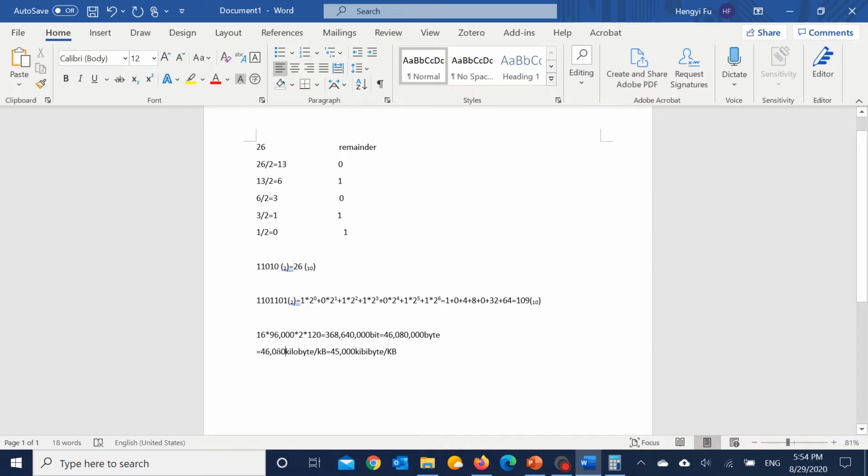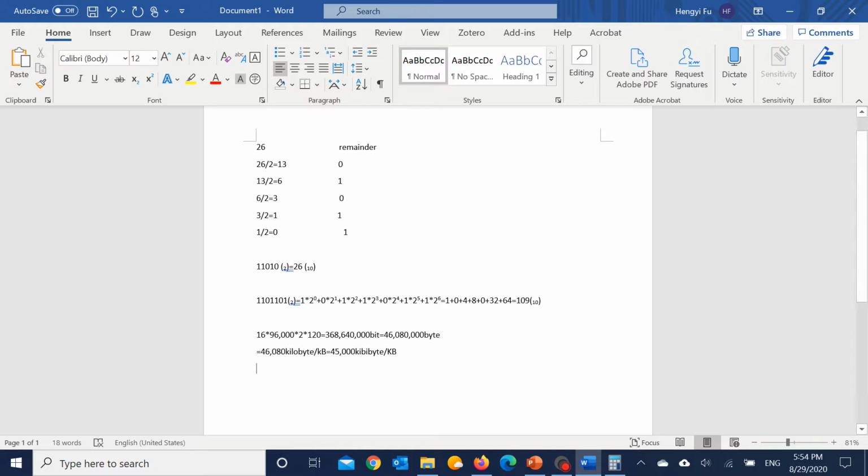This number is still kind of too large. We want to say, okay, this MP3 file is 46,080 KB. So we'd better keep on converting it to MB.